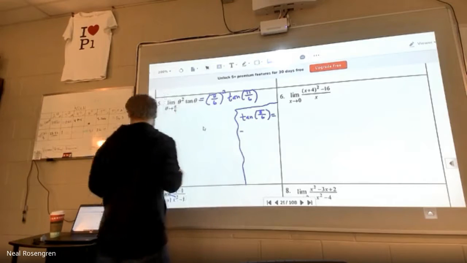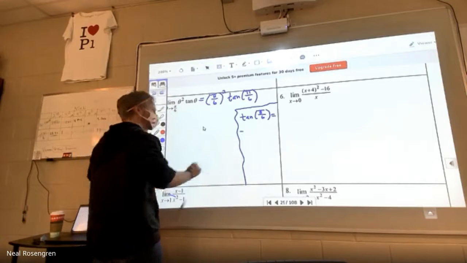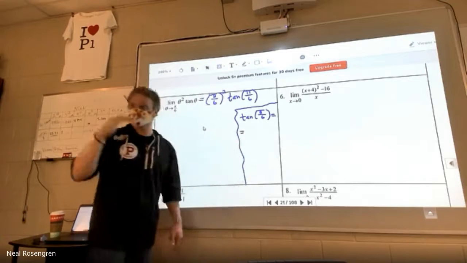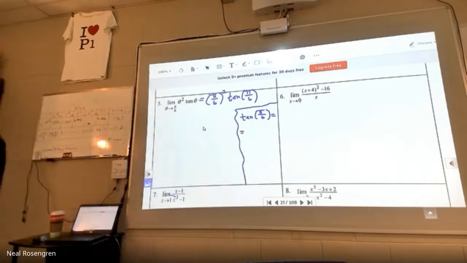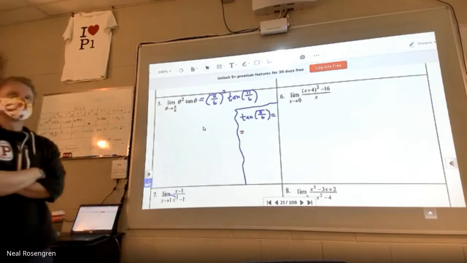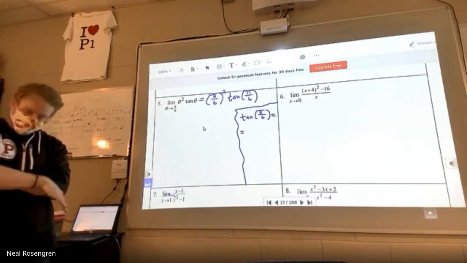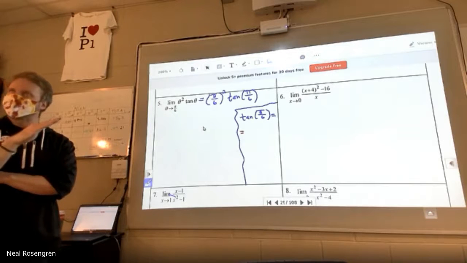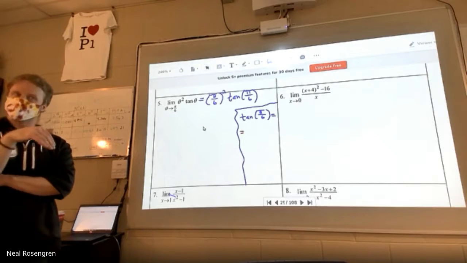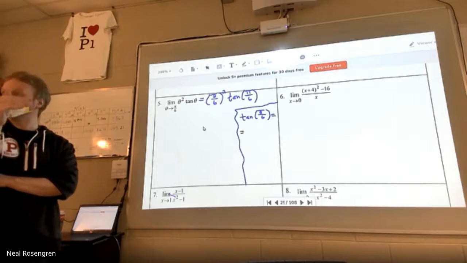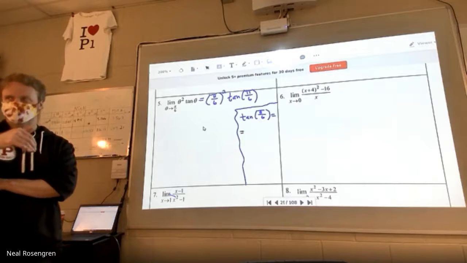Now, tangent of pi over 6, we know that tangent is sine over cosine, right? That's tangent. And so I'm going to use the unit circle. I'm going to go to pi over 6. And if it's sine over cosine, that's y at that spot divided by x at that spot.